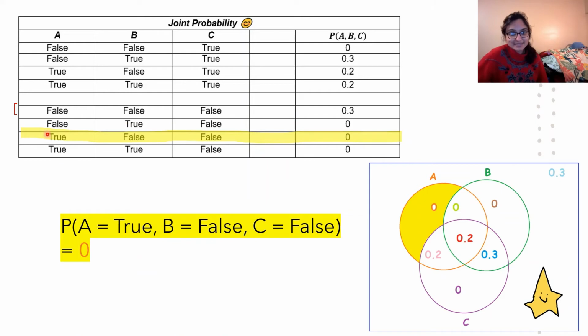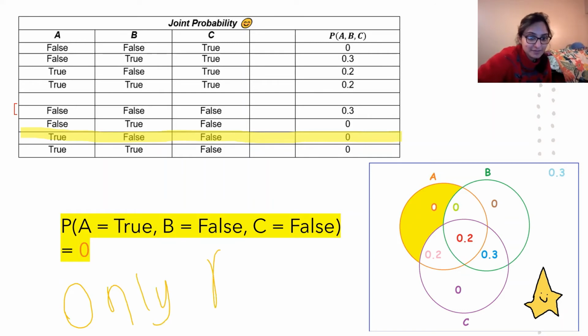And next, similarly, where A is true, B is false, and C is false, that just means that only A is true. Only A, please. Get your A game on, guys.